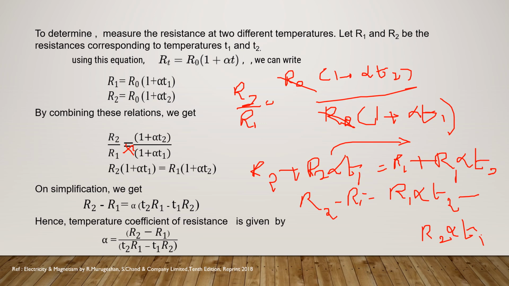Now, taking alpha outside, we get alpha into T2 R1 minus T1 R2. Hence, the temperature coefficient of resistance is given by alpha is equal to R2 minus R1 divided by T2 R1 minus T1 R2.